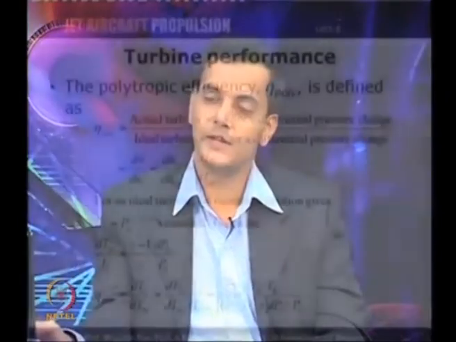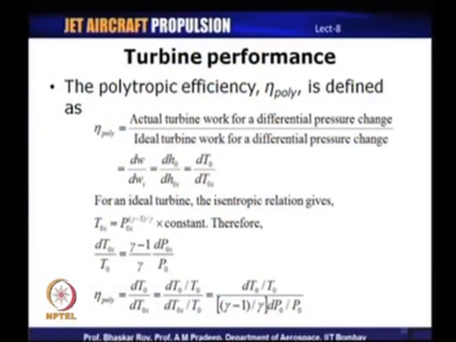So, polytropic efficiency will be equal to dW, which is the actual differential work, divided by the ideal work dWi. This is in turn equal to dH0 divided by dH0 ideal, which is again equal to dT0 divided by dT0 ideal. Now, using the same simplifications that we did for a compressor, and using the binomial expansion, wherein we define the ratio dT0 ideal divided by T0 in terms of gamma minus 1 by gamma times dP0 by P0, we get the polytropic efficiency eta poly equal to dT0 divided by dT0 ideal.